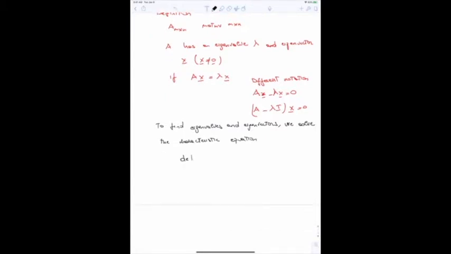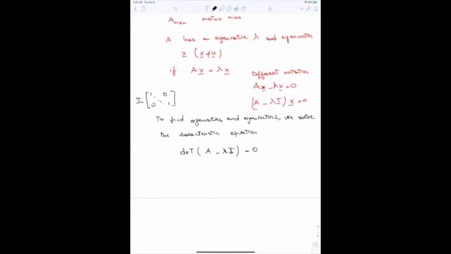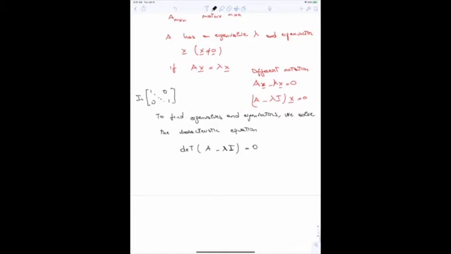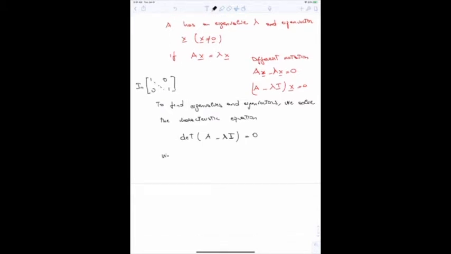So the determinant of A minus lambda I, where I is the identity matrix, so you have 1 along the diagonal and 0 otherwise, equals 0. So we first find lambda, and then we solve the system of equations in x.